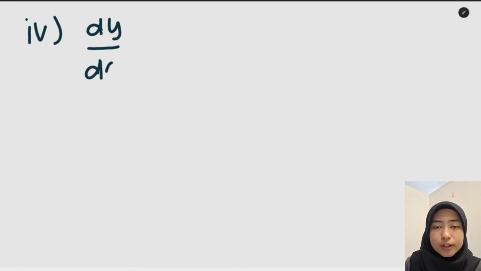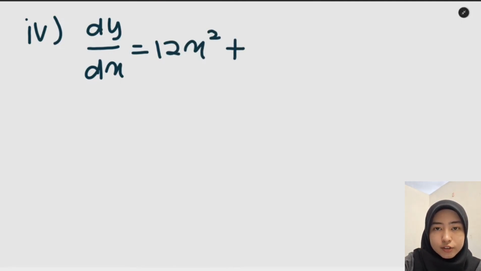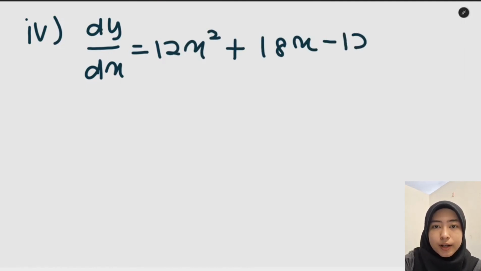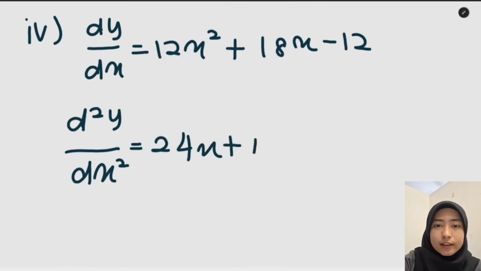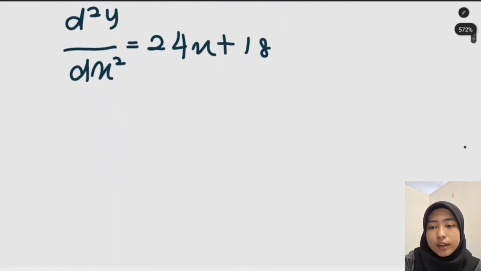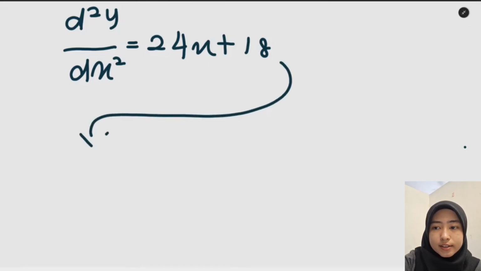By doing that, we need to take back our dy over dx that equals 12x squared plus 18x minus 12, and then we will differentiate it again, so we will get d squared y over dx squared, which is 24x plus 18.